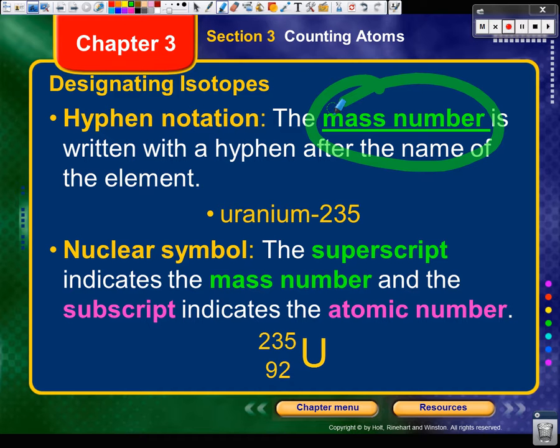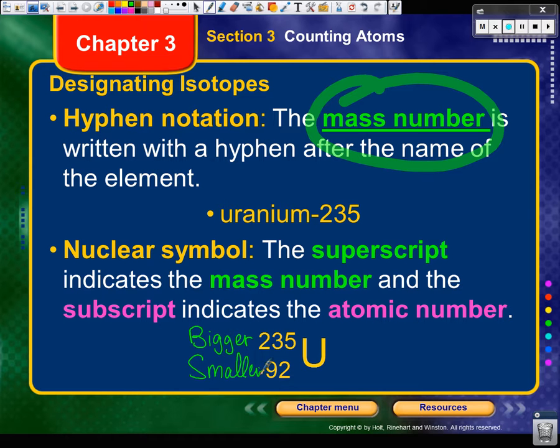All right, the nuclear symbol. This one's the one that kind of gets a few people. Let me give you something really simple to help to hang on to here. Write it kind of like this. The nuclear symbol is always the bigger number on top of the smaller number. It's always like that.